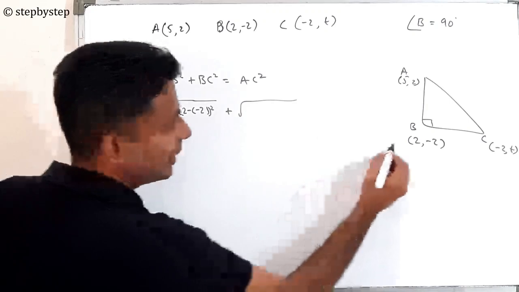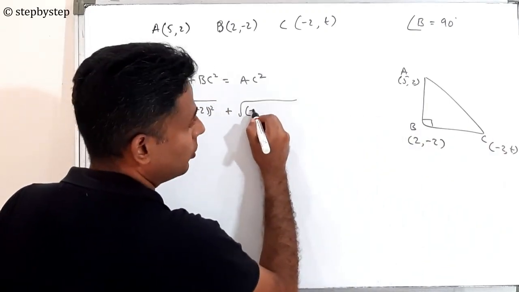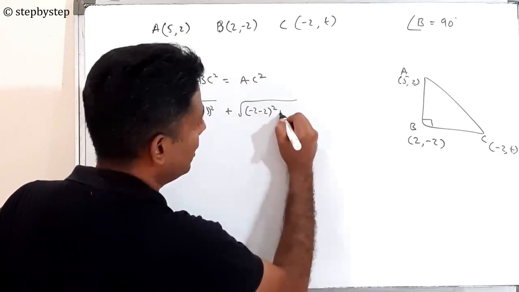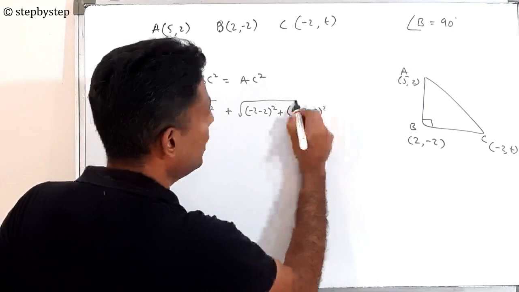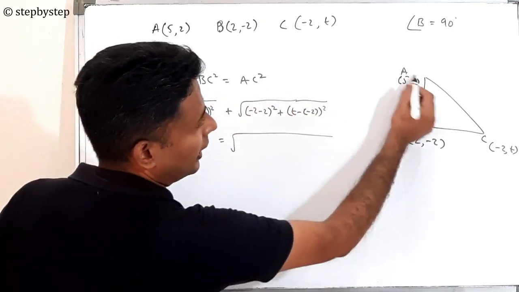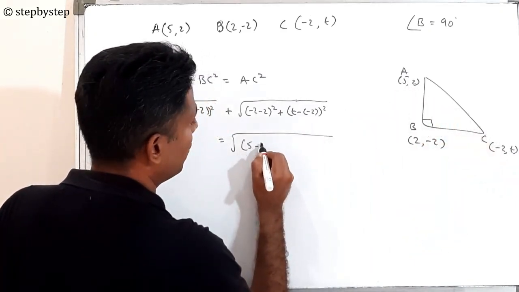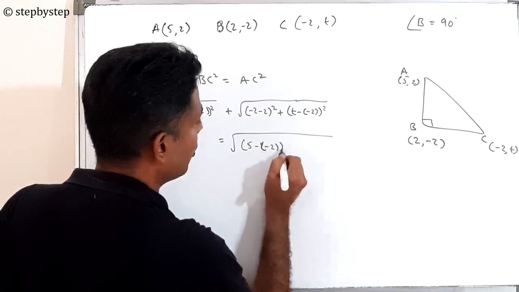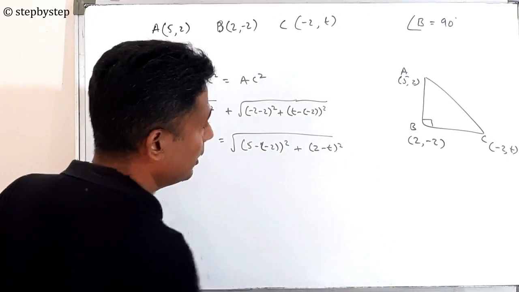Now BC square is, I'll take this as x2 y2. So x2 minus 2 minus 2 whole square plus T minus of minus 2 whole square. This should be equal to AC square, right? So AC square, I'll take this as x2 y2. So 5 minus minus 2 whole square plus y2, that is 2 minus T whole square.